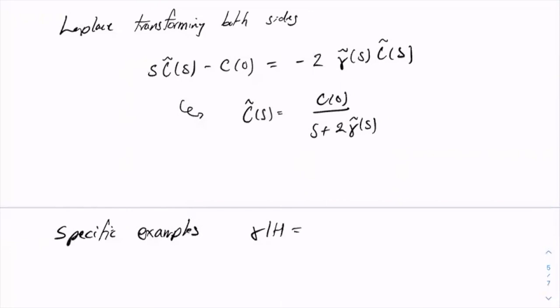So if we take gamma of t to be gamma by 2 delta t, that's just a constant.